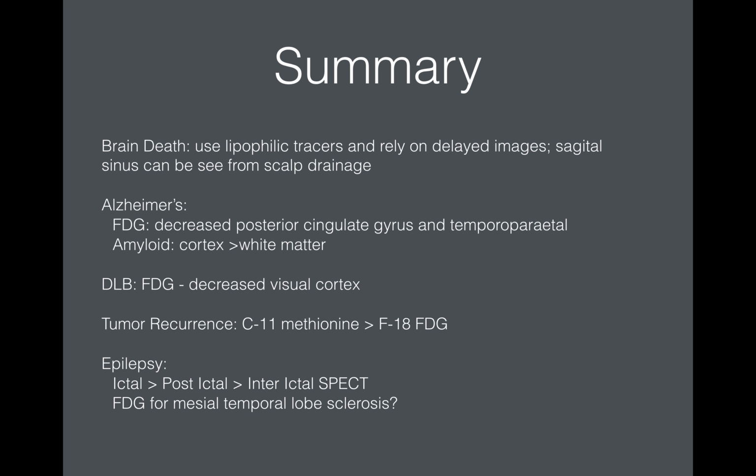For tumor recurrence, carbon-11 methionine is probably superior to F18 FDG, and for epilepsy in the ictal state, the area of epilepsy will show increased uptake, and in the interictal scan, this area will show decreased uptake. And certainly FDG is an excellent test as well.